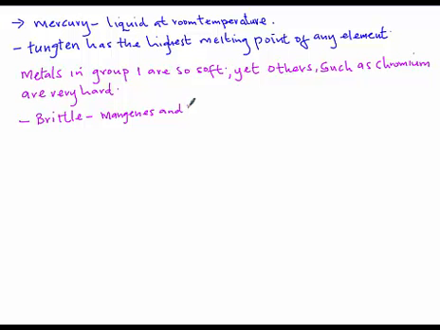Yet others like iron and copper are very malleable and ductile, which means we can roll wires out of them, and we can also hammer them to produce sheets. So you can see the varying properties that metals have.